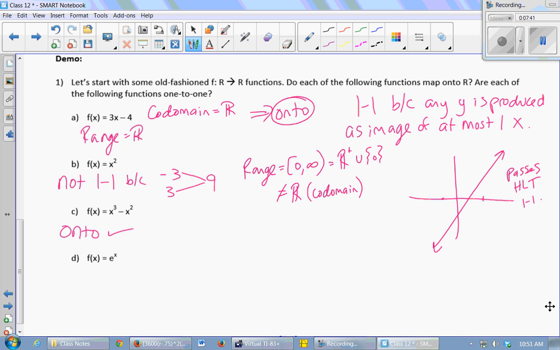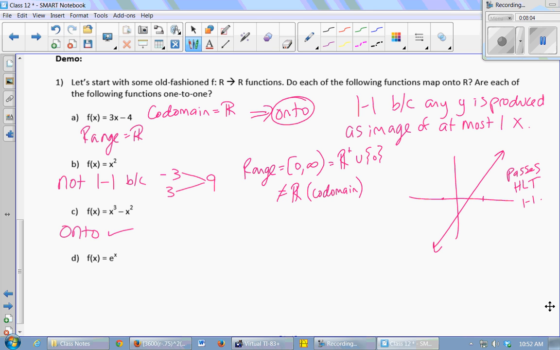How about one-to-one? Why not? It's got a little dip. Flat spot, I don't know. You can produce 0 two different ways. What two x values give you 0 as an output? 0 and 1. Yep.